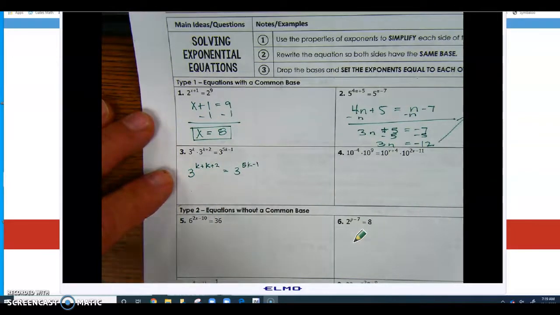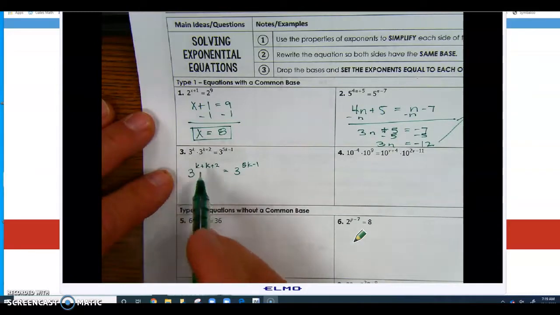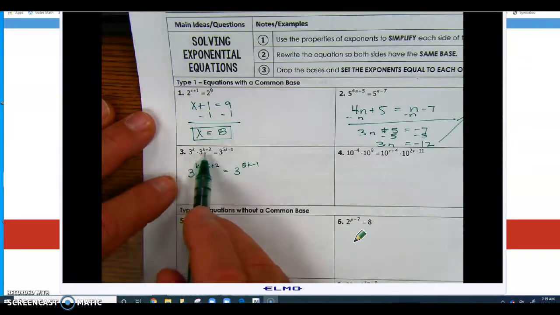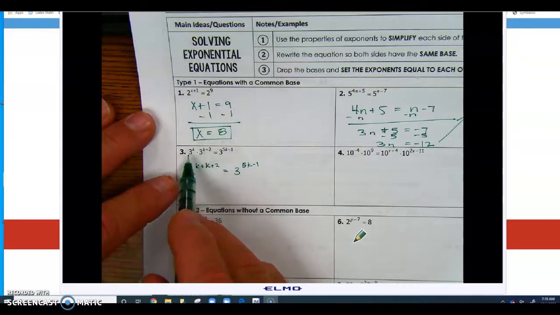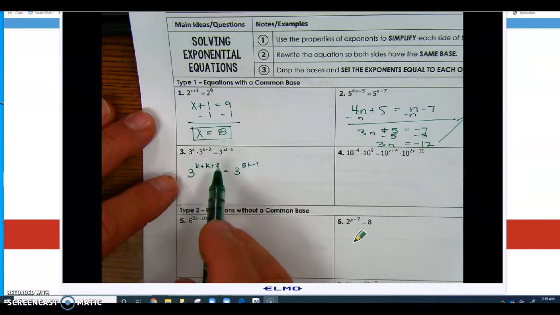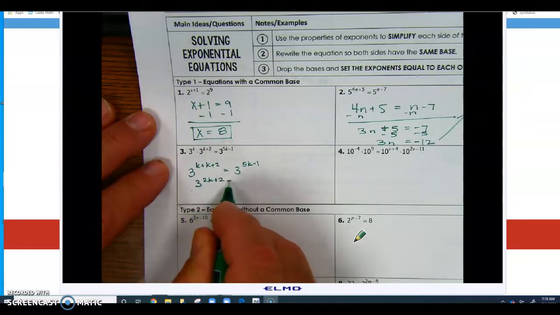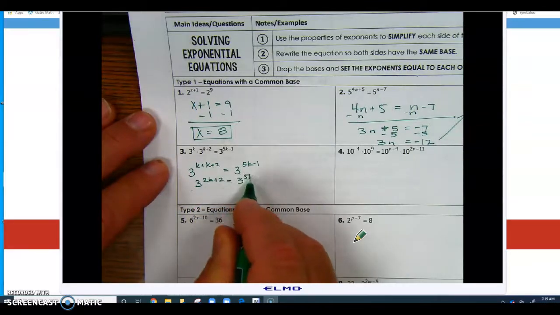Okay? So when we condense this, here's something to be careful of and watch for. A lot of people think when they condense this that they have to multiply the bases, 3 times 3, and put 9 right here. No, no, no. When you multiply like bases, the base stays the same and you just add the exponents. So that's 3 to the 2k plus 2 equals 3 to the 5k minus 1.